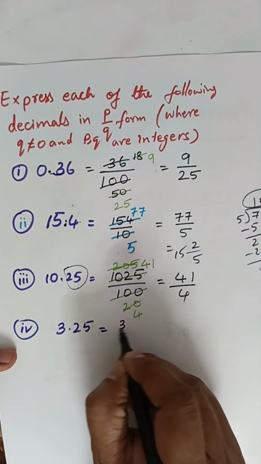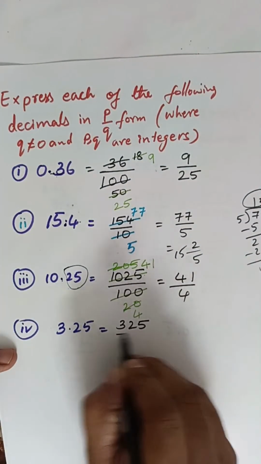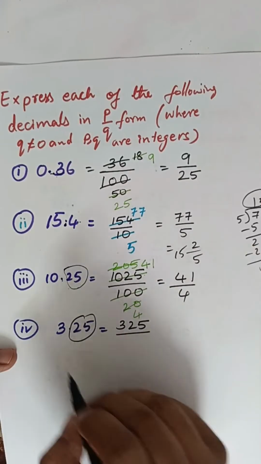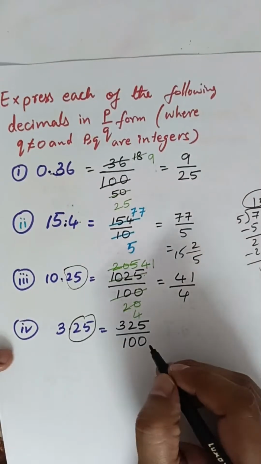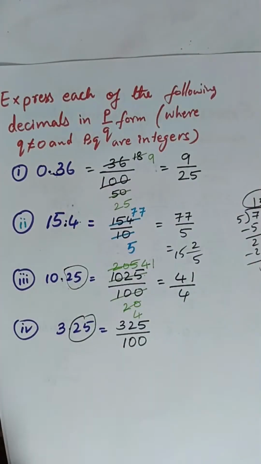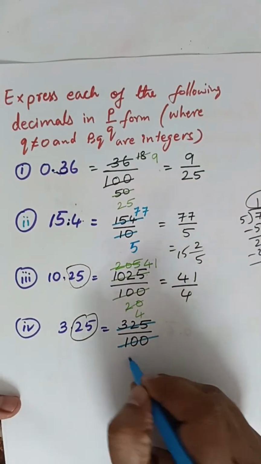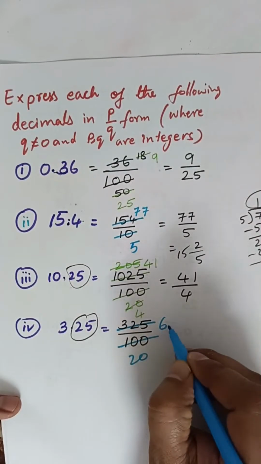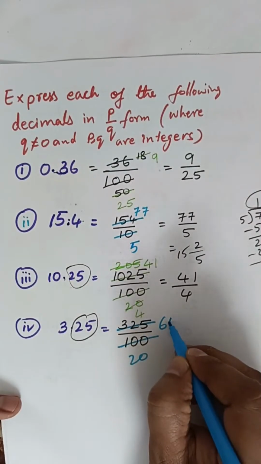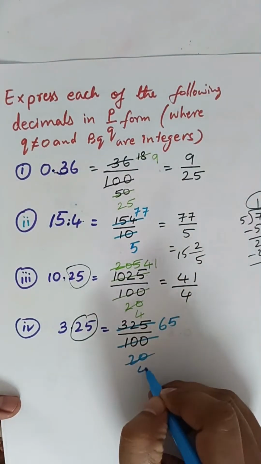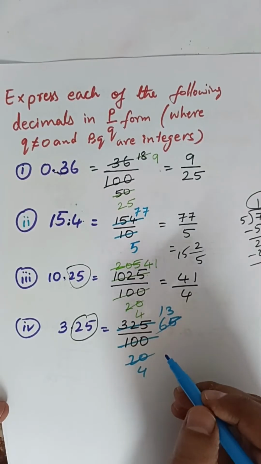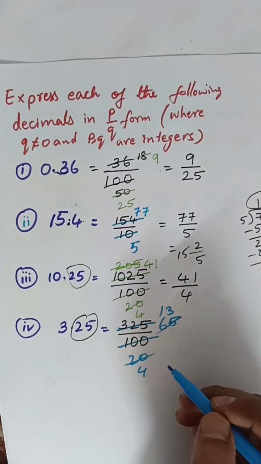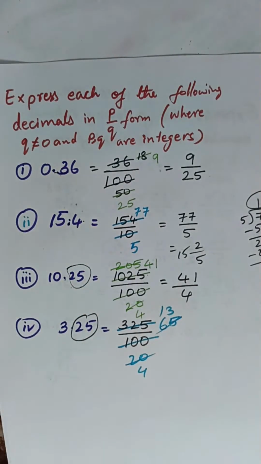Again write without the decimal, and in the denominator count how many digits are after the decimal and write 1 with 2 zeros, 100. Now simplify it with 5. 5 times 5, again 5 times 4, 5 times 13, so it is 13 by 4.